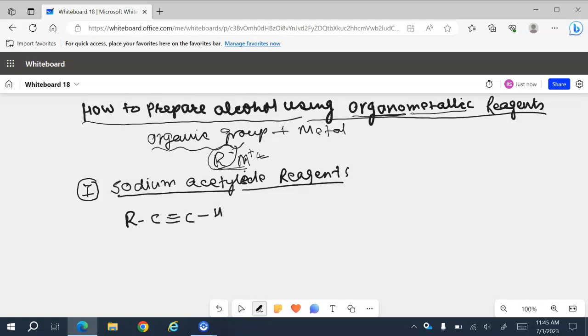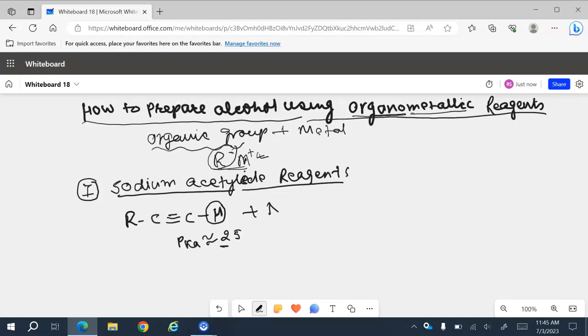As you must be aware, in this type of terminal alkyne, the terminal hydrogen is slightly acidic, with a pKa value very close to 25. This type of hydrogen can be deprotonated by a very powerful base.